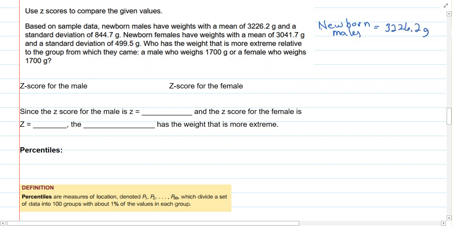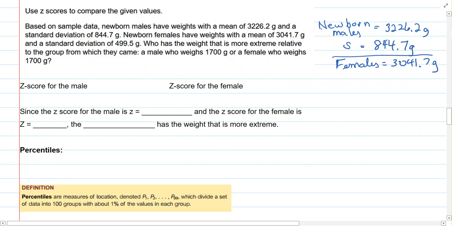3,226 and 2/10 grams, and a standard deviation of 844 and 7/10 grams. Newborn females have weights with a mean of 3,041 and 7/10 grams.